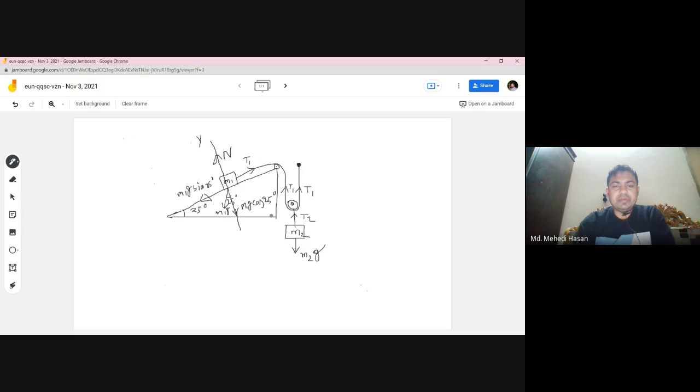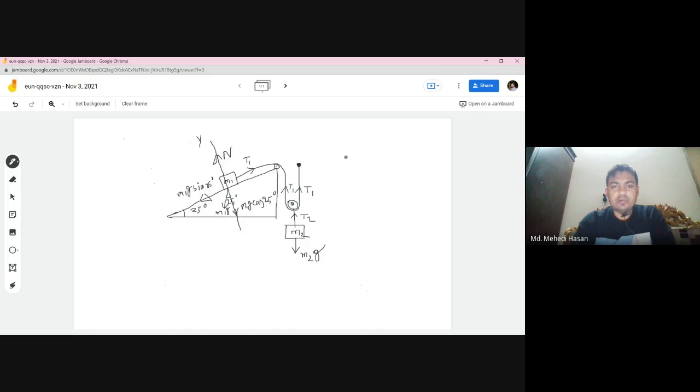Now you can say that if T1 is greater than m1g sin 25 degrees, then M1 will move upward, and also M2 will move downward. If T2 is less than M2g, then the net force, whichever direction is greater, it will move in that direction. Here we are considering T1 is greater than m1g sin 25 degrees, and T2 is less than M2g.